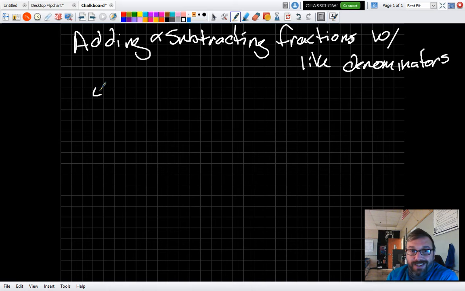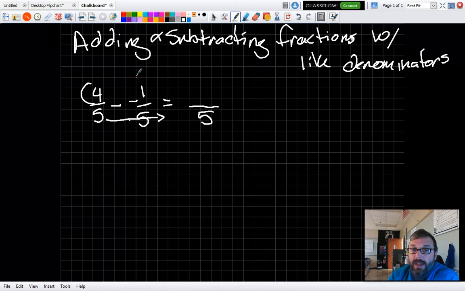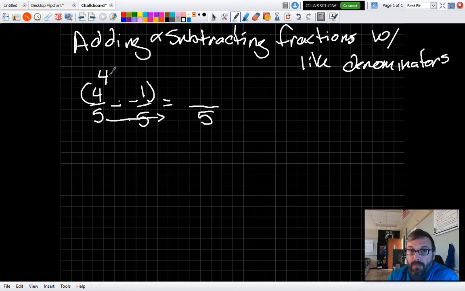Our first example is 4/5 minus a negative 1/5. We know the denominators are the same, so it's going to be the same all the way through. We're going to have a 5 on the bottom. Now I just need to math my numerators. I have 4 minus negative 1.